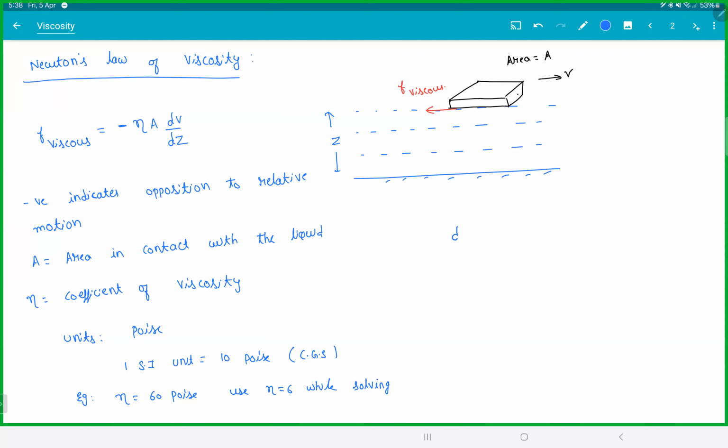And this quantity dV by dz is called the velocity gradient, that is, the variation of velocity with depth.